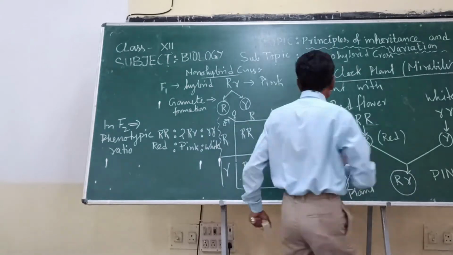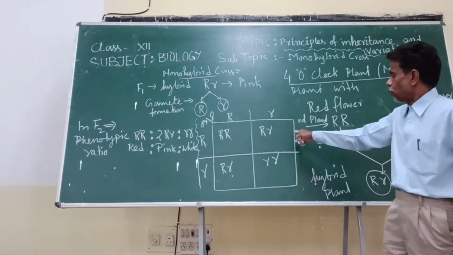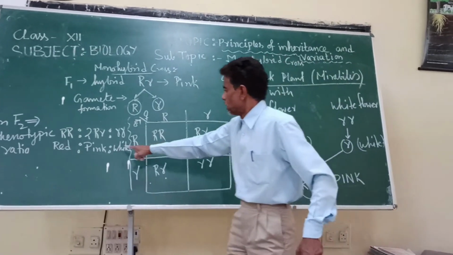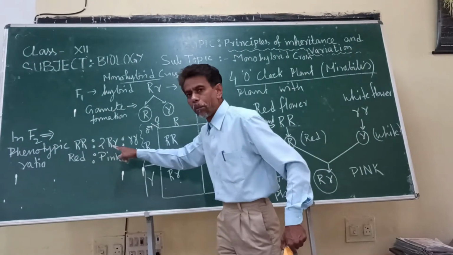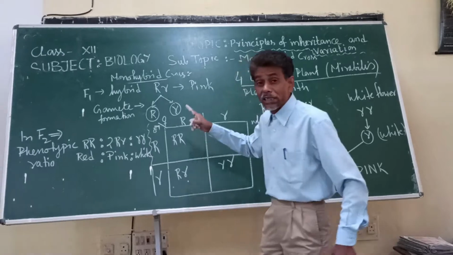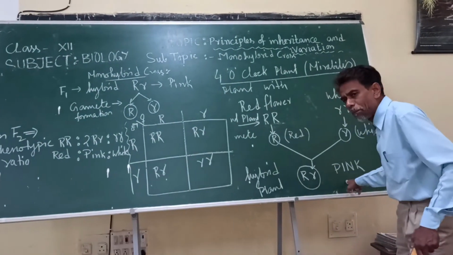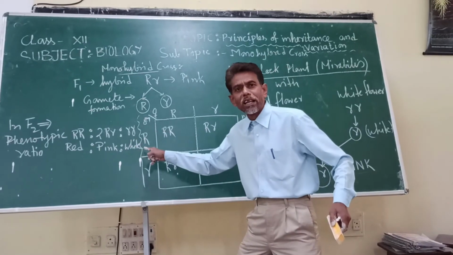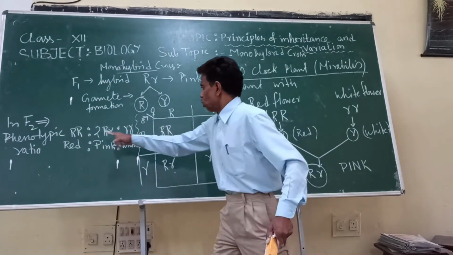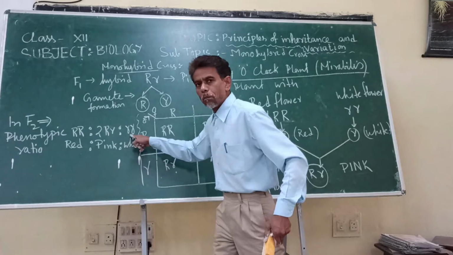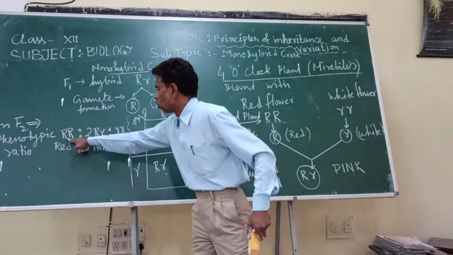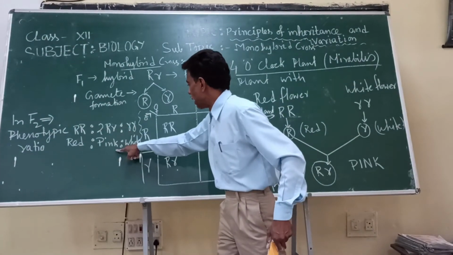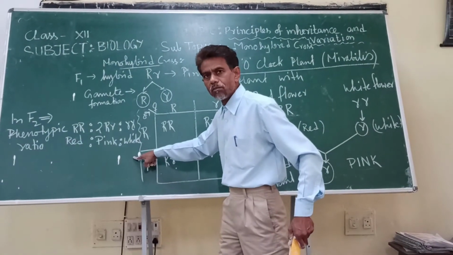So in the F2 generation, when the gametes of F1 were crossbred, he saw that the plants which were all pink in the F1 generation, now in the F2 generation red and white recovered. Out of 4 sampling, he got 1 red, 2 pink and 1 white.